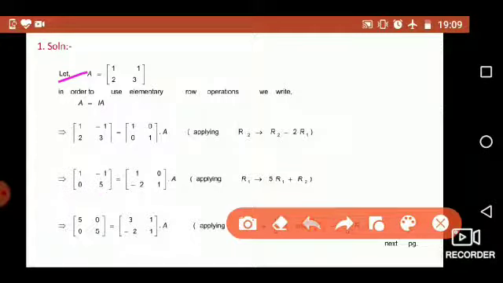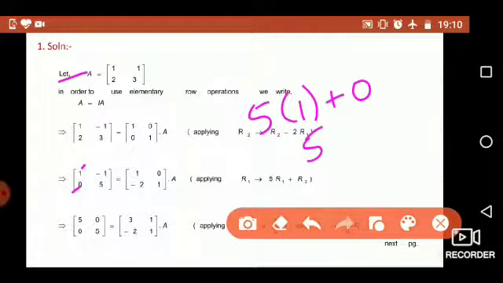Now let me change the first row. 5 times R1, the first element is 1, plus the corresponding element of the same row, which is 0. Therefore, 5 ones are 5 plus 0 gives 5. Therefore, the first row first element in the matrix is 5.